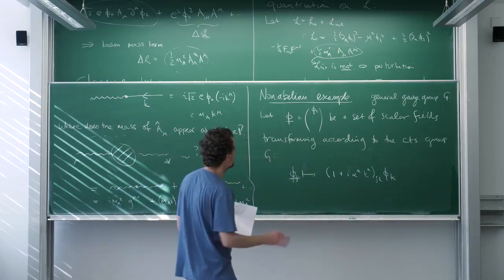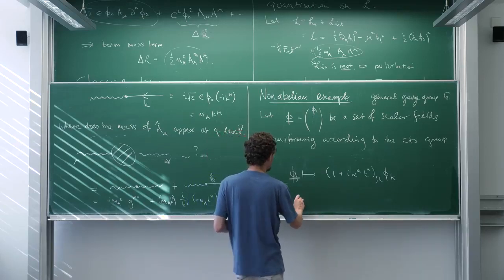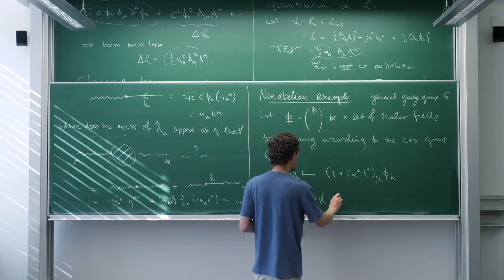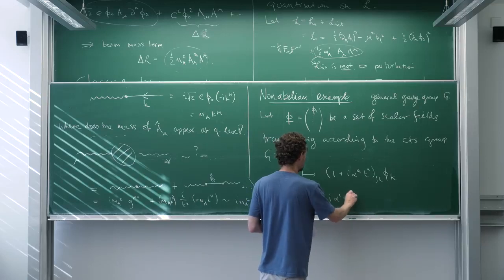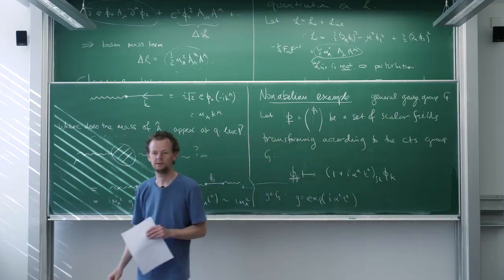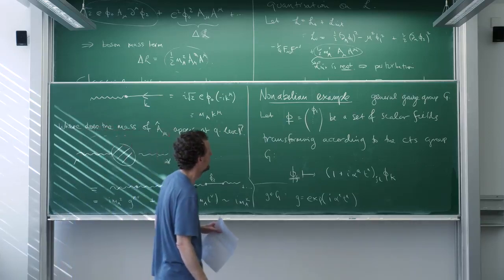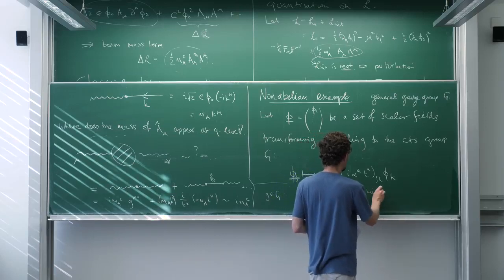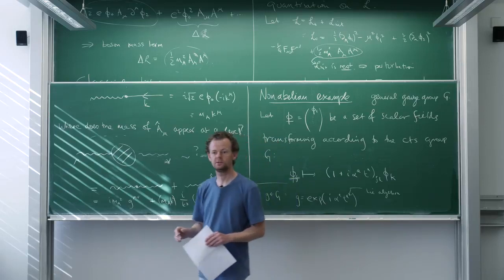If little g is an element of our group, then little g is going to be of the form of the exponential of some parameters, e alpha a t a, and these span the Lie algebra of this group.